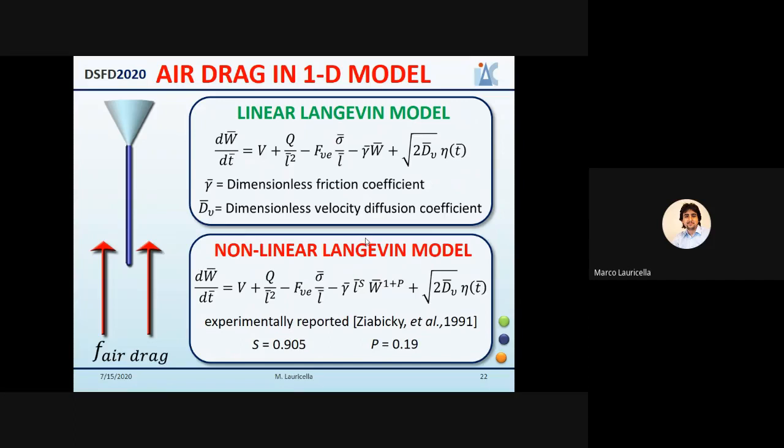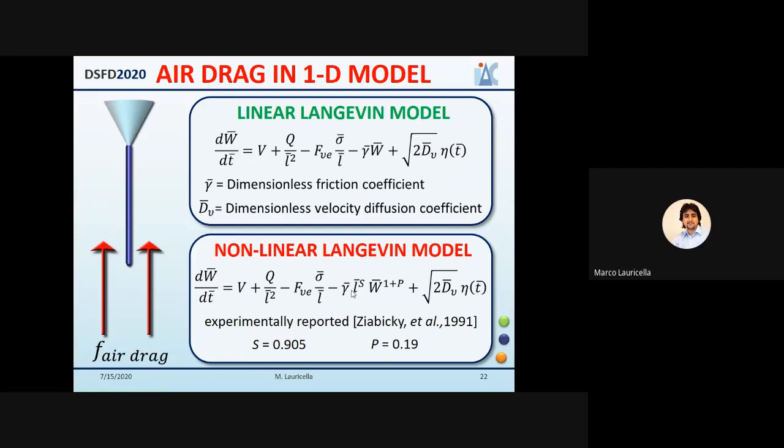Here, the nonlinearity is due to the power of the velocity, which is larger than 1, which is due to the empirical law. And it is also important to note the presence of an effective friction coefficient here, which is depending on the length of the jet segment.